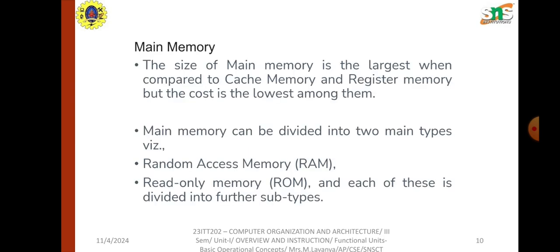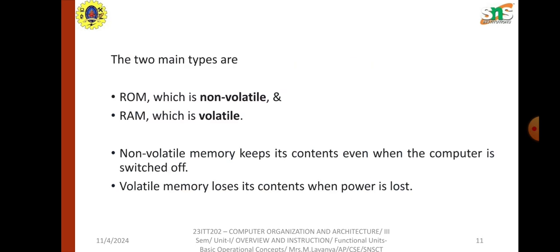Main memory is the RAM, and it is used for storing all the programs, data, etc. within the system. RAM is a volatile memory, and ROM is a non-volatile memory.